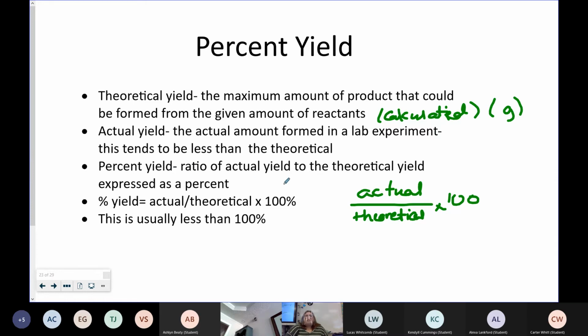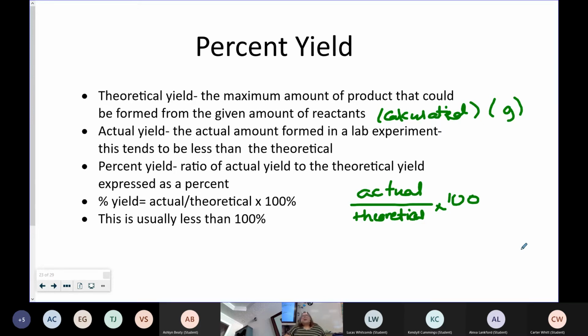And percent yield is going to be our ratio of our actual yield, what we made in lab, compared to our theoretical yield that we mathematically should be able to make, and then times 100 to make a percent. So here's our formula. Percent yield is equal to the actual over the theoretical times 100.